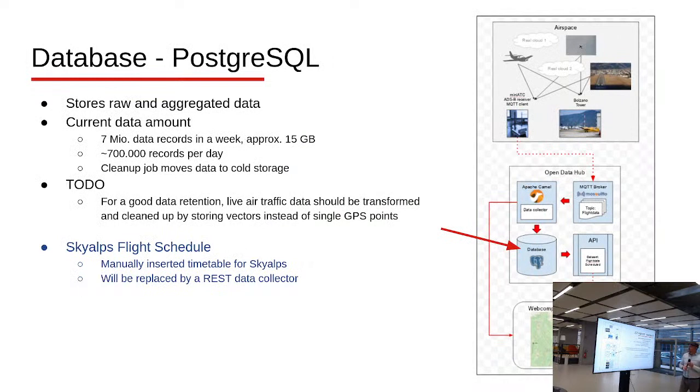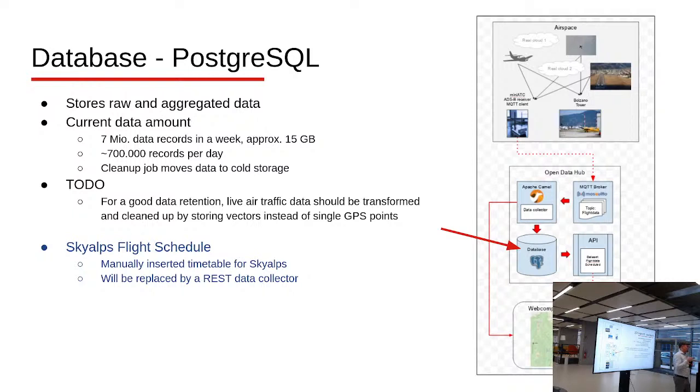All right, let's have a quick look at the database. The database, as said, stores the raw data and the aggregated data, and in a week it's about 7 million records, so it's a lot of data. But you can optimize the data, of course, because there is no need to have one message and one GPS point per second for each plane.